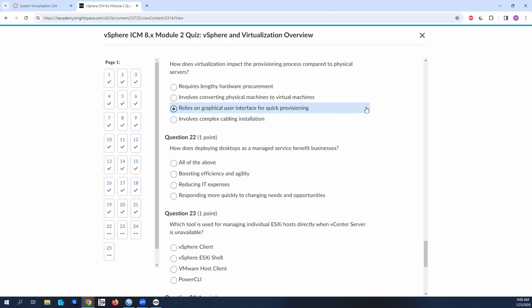It's not the longest answer, but you do create templates and you can quickly right click and go create a virtual machine from this template and deploy out virtual machines off of it. So that would be the correct answer on that one. Do it. Relies on graphical user interface for quick provisioning.